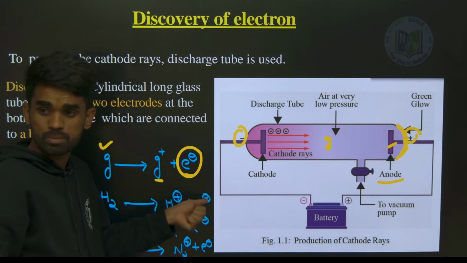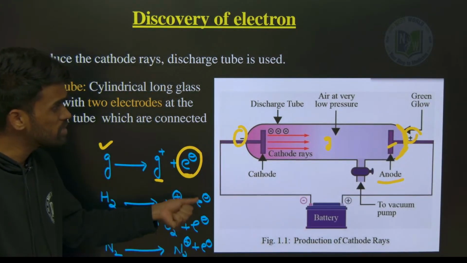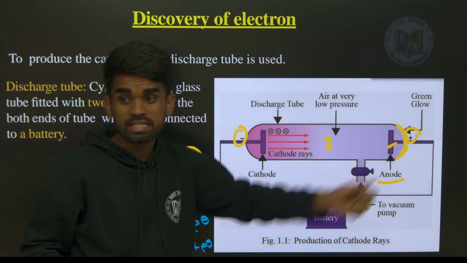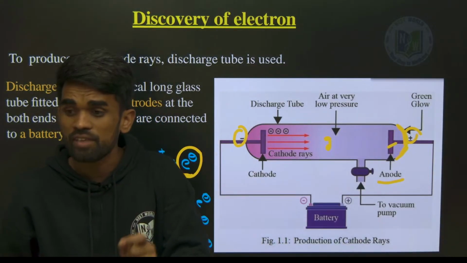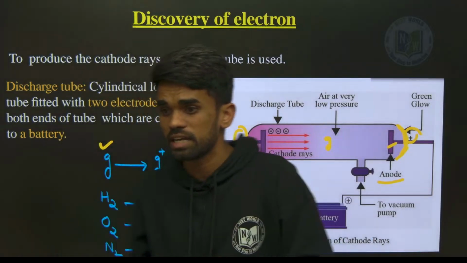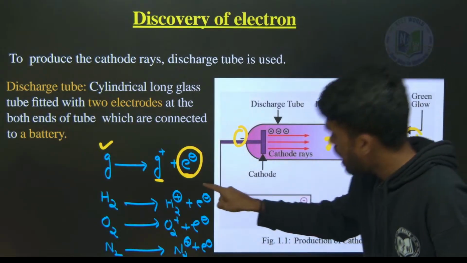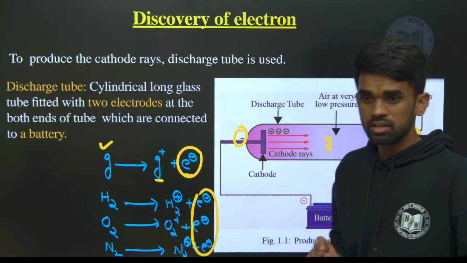The negative charged particles have the same properties. The particles moving towards the anode terminal are considered electrons, and they have the same properties irrespective of the gas you take in the tube. So whatever gas you take in this tube, all of them release the same cathode ray.